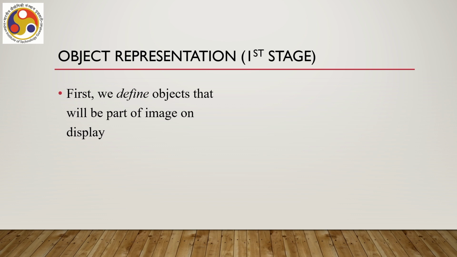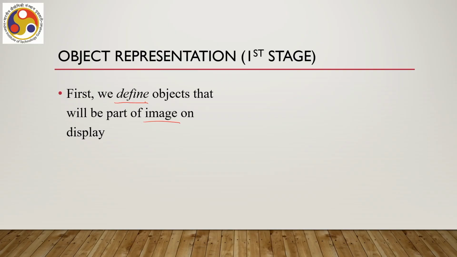First, we define objects that will be part of the image on display. If you recollect our previous discussion, we mentioned that when we see something on a screen, it comprises objects which may or may not include interface level objects. However, the idea is that first we need to define these objects that together constitute the image that is rendered on a screen.